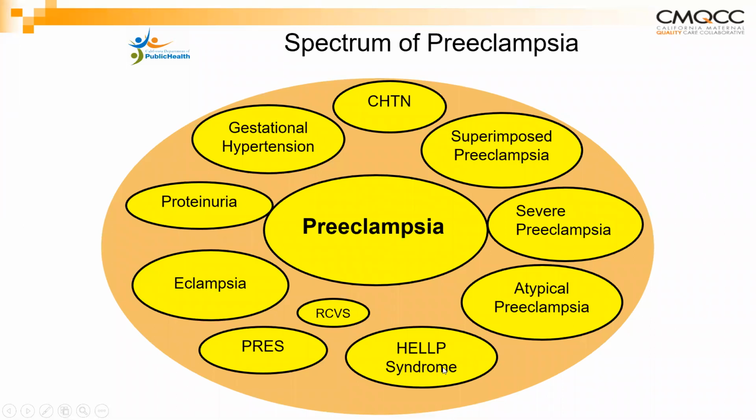So looking at preeclampsia, this is the spectrum that is involved there. And again, here we go, California Maternity Quality Care Collaborative, CMQCC. There's our words. So there's lots of things that are surrounding this disease process. They're still learning more about it.